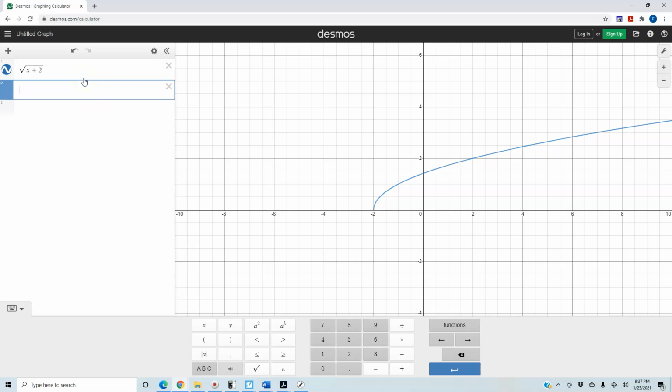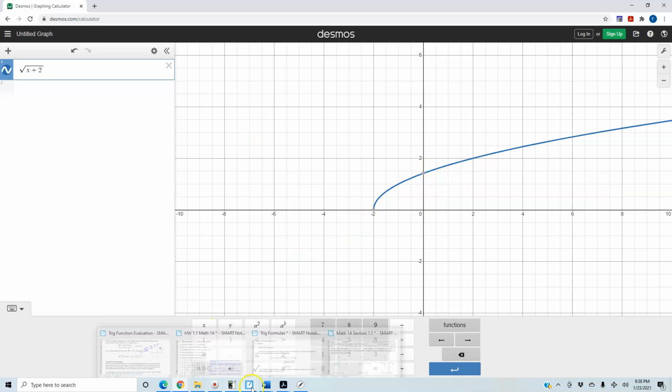So now what we want to do is graph the negative of this, which gives us the negative square root of x plus 2, and you can see that the bottom half now works. Now I can take that half off the parabola. Now this passes the vertical line test. So we could have eliminated one or the other side, and that's by using a restriction.